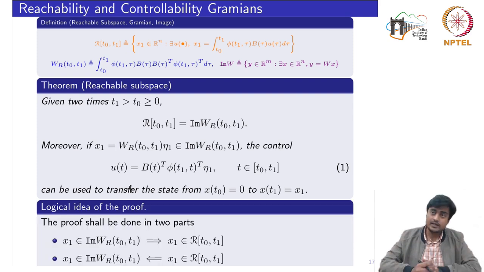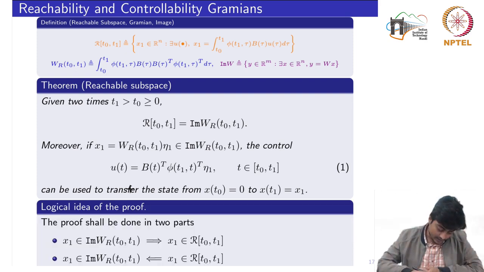This is one of the key results, and we shall see the detailed proof of this important theorem. The proof will be done in two parts, because you should see clearly that this one and this one are two subspaces. This is a reachable subspace, and this is also a subspace, the image subspace of the matrix WR.